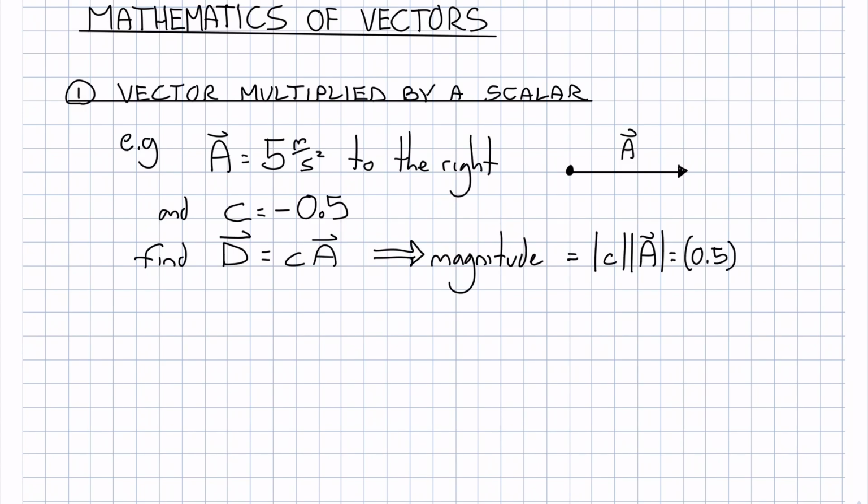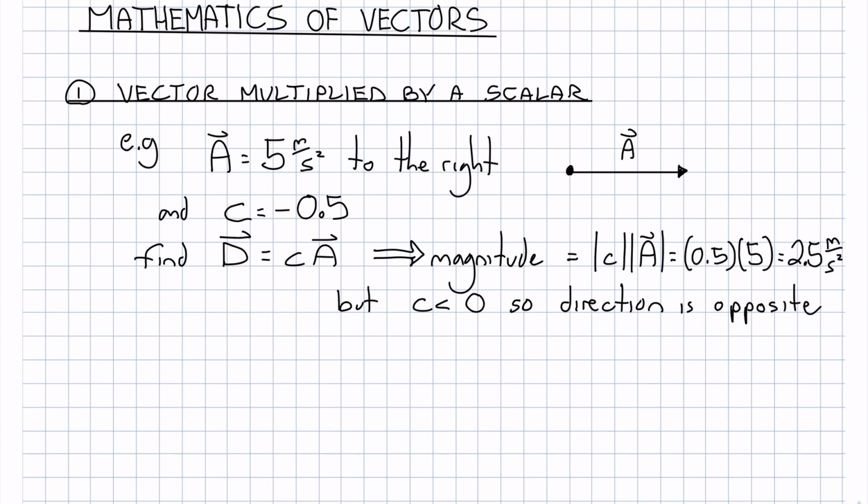In this example, I treated c as a unitless constant, so the units of d are the same as the units of a. Now for the direction, because c is now a negative number, that means it's going to reverse the direction of a. So instead of pointing to the right, like vector a does, vector d will point to the left in the complete opposite direction as vector a.